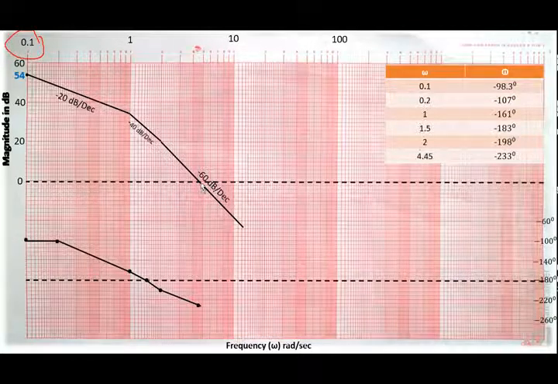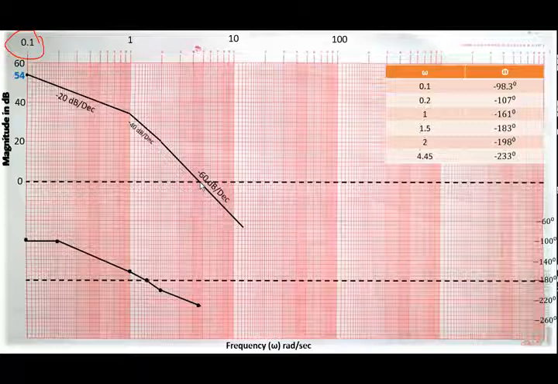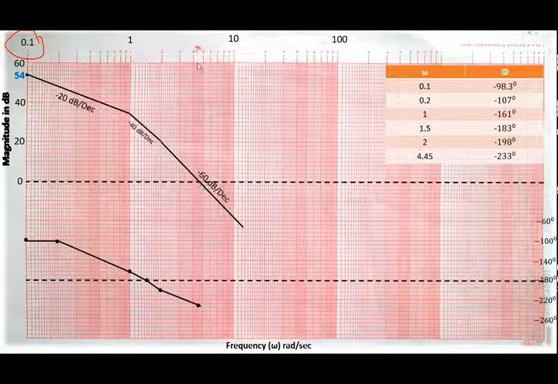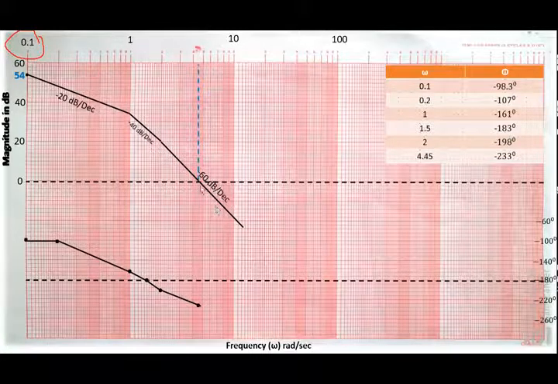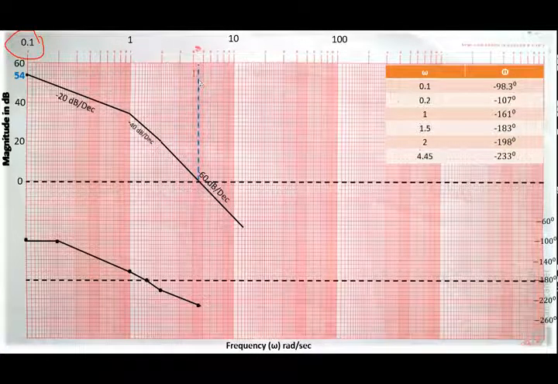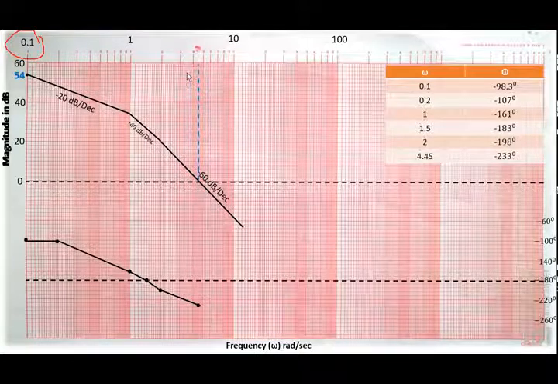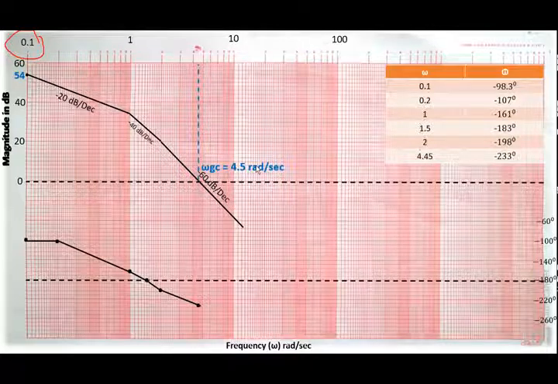Here at this point the magnitude plot is crossing the reference line, that is the 0 dB line. So at this point, what is the frequency that we need to note down? Starting from here, we need to see what is the frequency. So that is the gain crossover frequency, that is 4.5 radian per second.